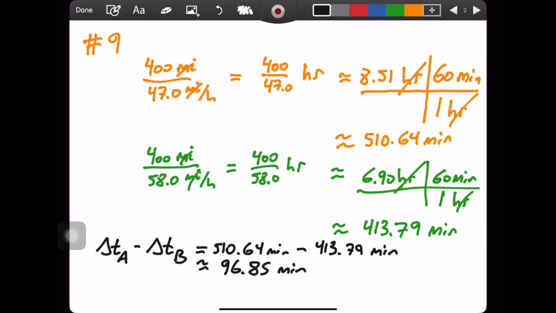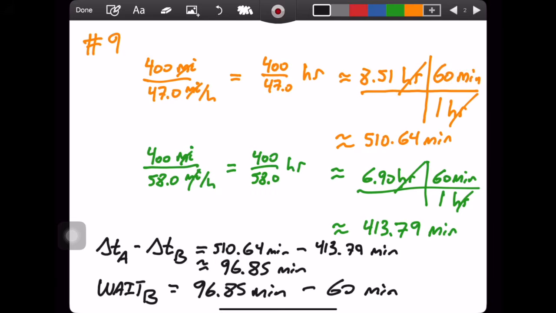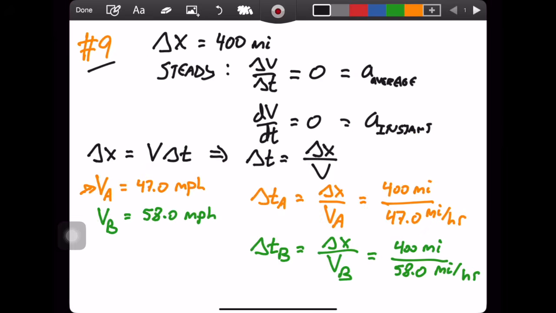So the wait time for Beth, because Beth gets there first, equals 96.85 minutes minus the 60-minute head start that Alan got. Even with his 60-minute head start, he's still behind Beth by approximately 36.85 minutes.